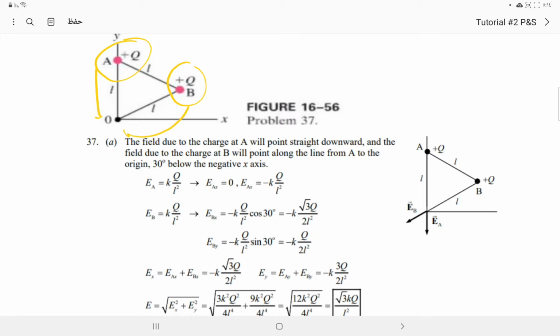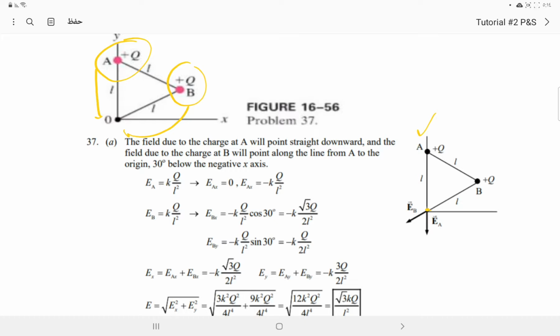But because we are taking account of the direction, we should draw the electric field. This is point A. The electric field will affect here at point P. Because this charge is positive and this is just a test point at the origin, the resultant is going outward from the point.